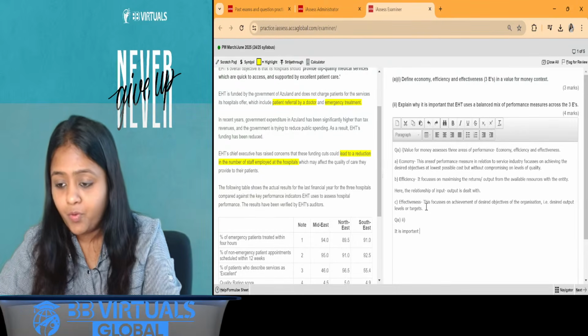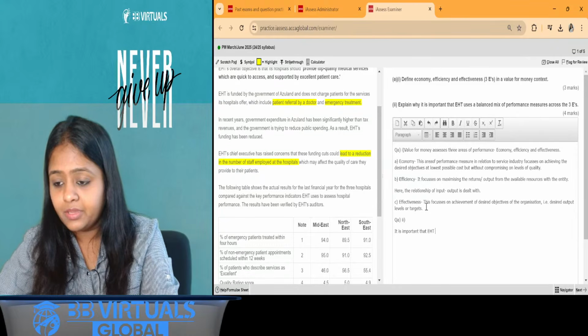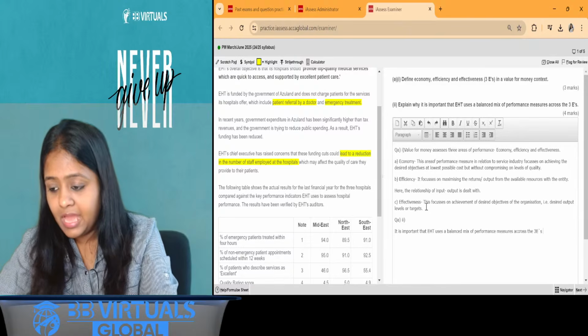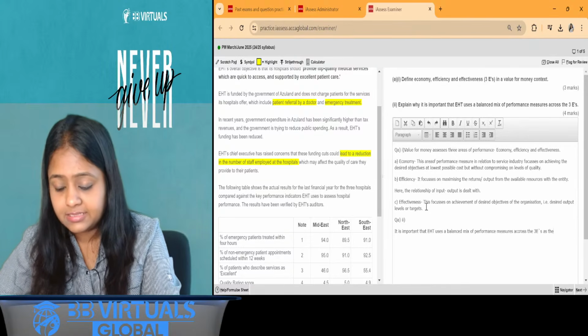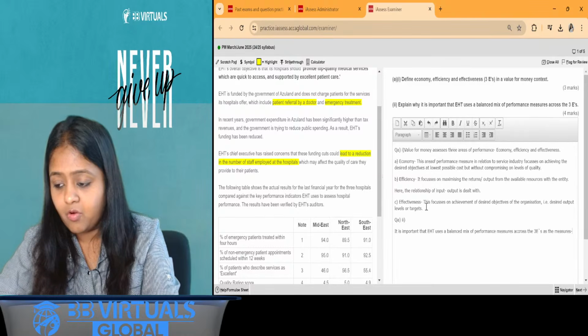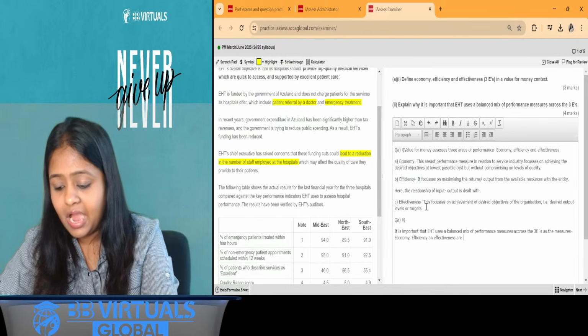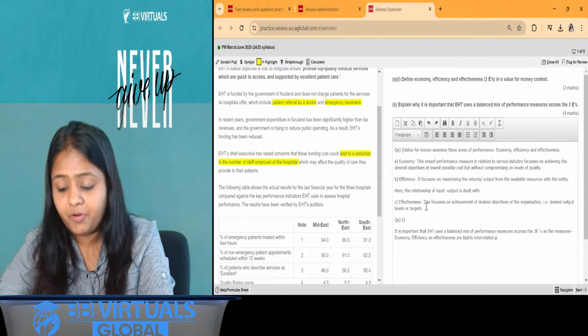It is important that EHT uses a balanced mix of performance measures across the 3 E's, as the 3 E's, the measures economy, efficiency and effectiveness, are highly interrelated performance measures.